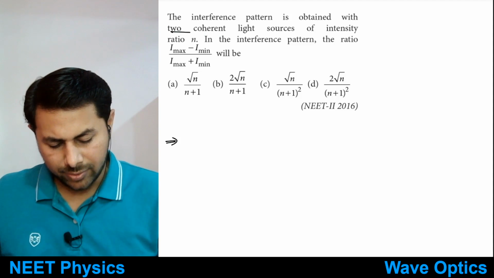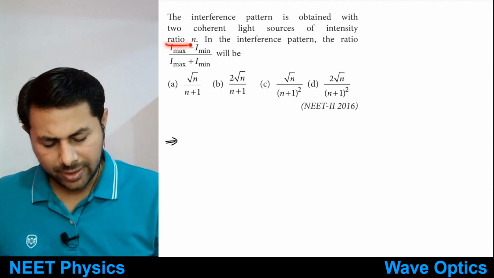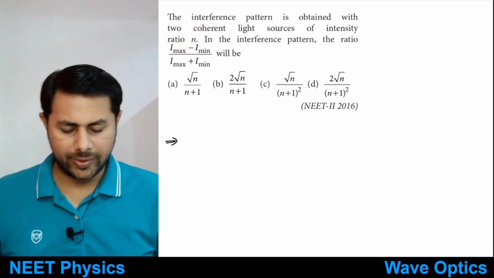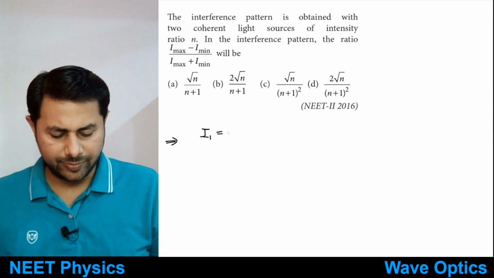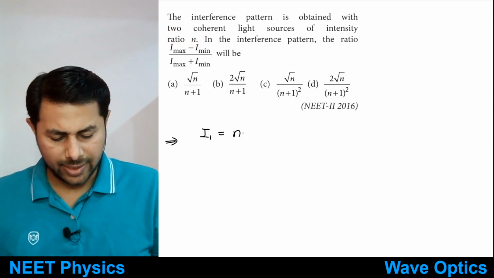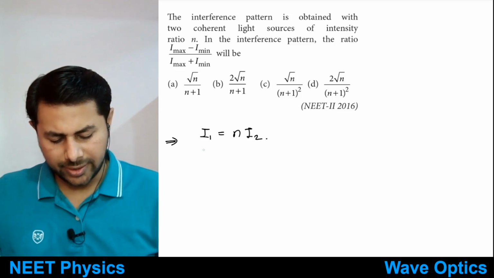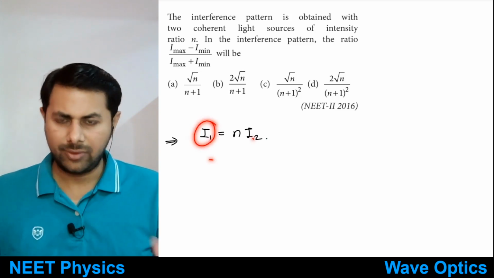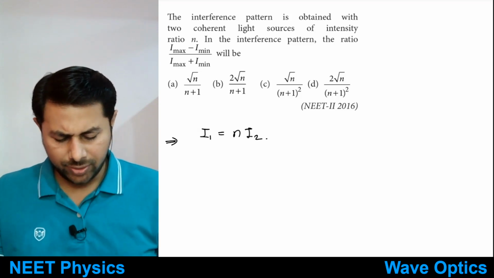So these are two coherent sources and their intensity ratio is n. Okay, so we can say I1 is equal to n times I2, because intensity ratio I1 is to I2 is equal to n. This is given.